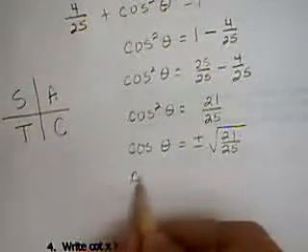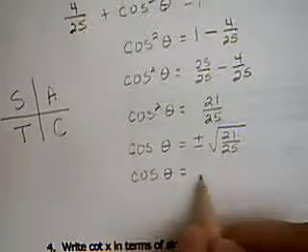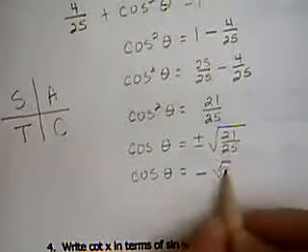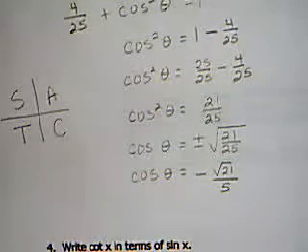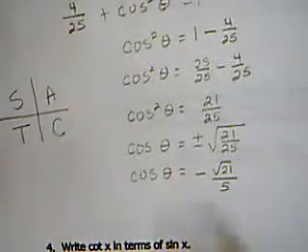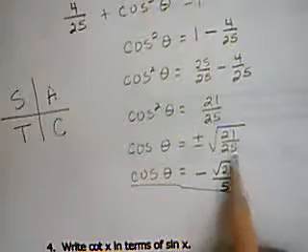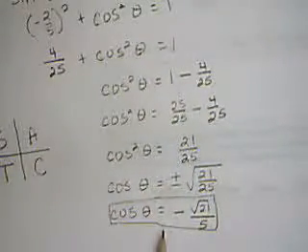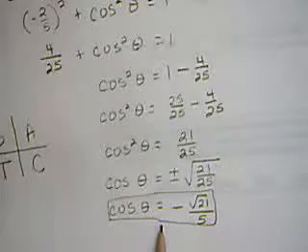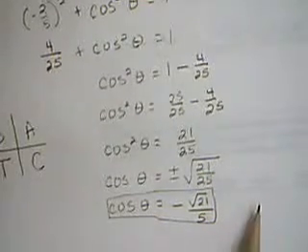So we would have the cosine of theta is equal to negative square root of 21 over 5. We can't break down the square root of 21 any further. So that's one more piece of the puzzle that we're trying to find. From there, since we have cosine, if we wanted to find the secant, it's just going to be the reciprocal.